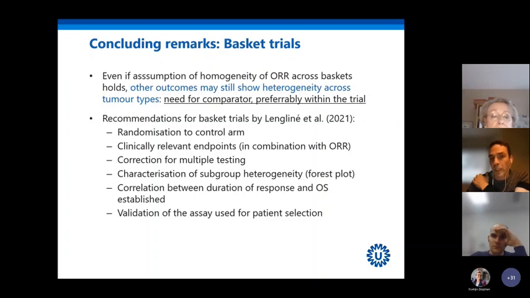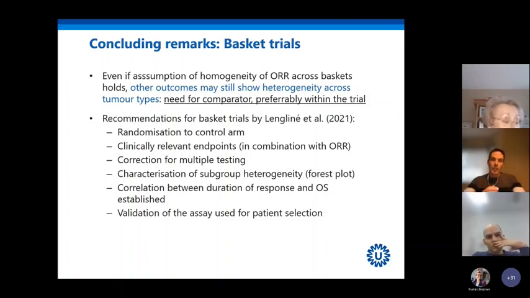Still, there can be other factors that are more important for overall survival than the duration of response and the overall response. So I would like to stress the need for a comparator also in these basket trials, even in earlier phase studies.